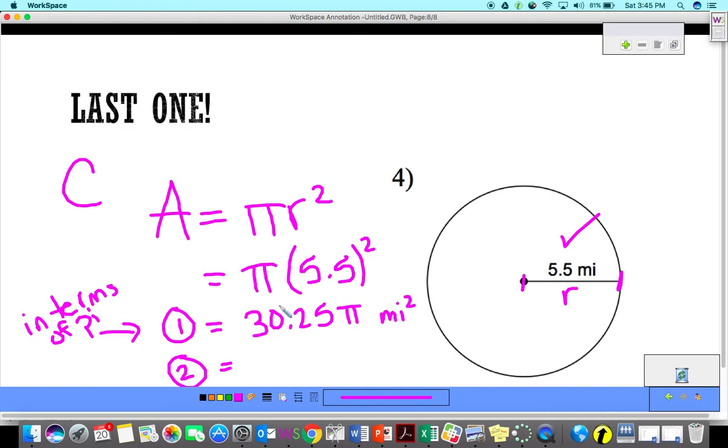Using the pi button on your calculator, you're going to end up with 95.033317771, a big messy decimal. So I'm going to go ahead and write the first few digits down, 331..., and then I'm going to round it to 95.03. Okay, I'm going to show rounding with that approximating symbol, and then my unit is miles square.